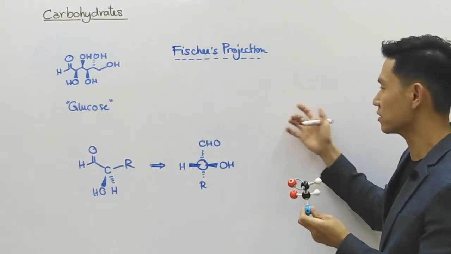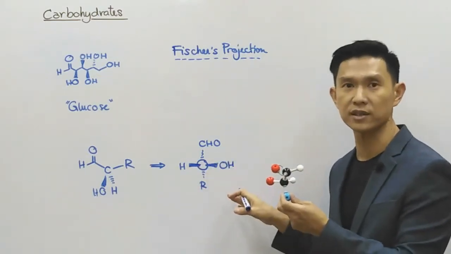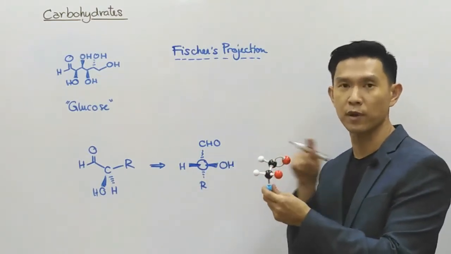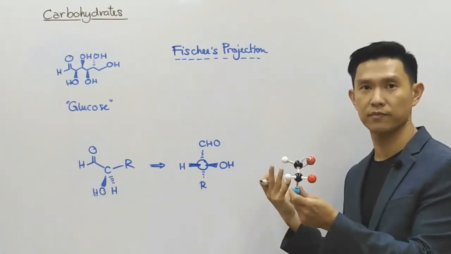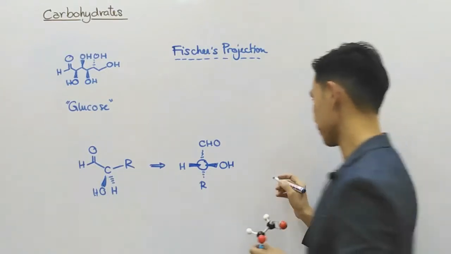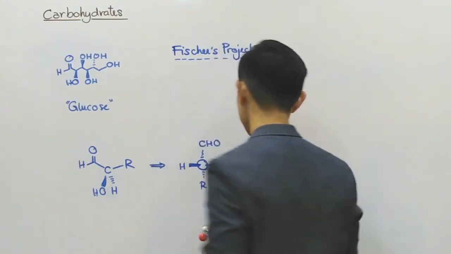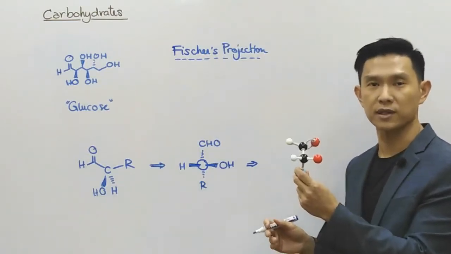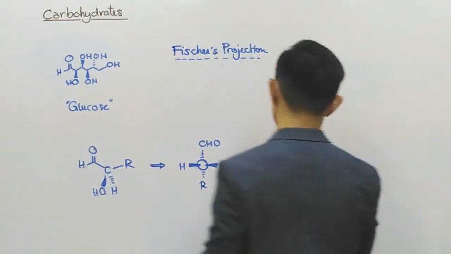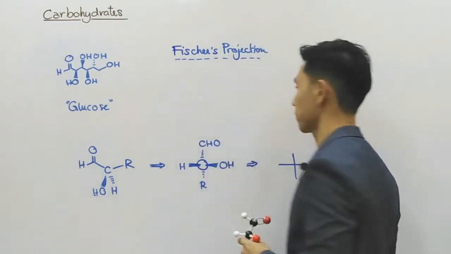But we have a convention here for the Fischer projection. The Fischer projection says that if you want to draw the cross like this, the horizontal line has to point toward yourself always, and the vertical line points away always. Okay. So from this criteria, we can then project the three-dimensional structure into a two-dimensional structure by just drawing the cross.